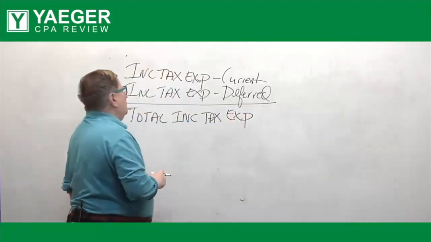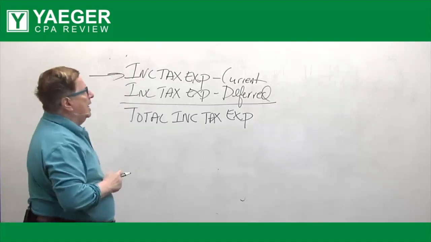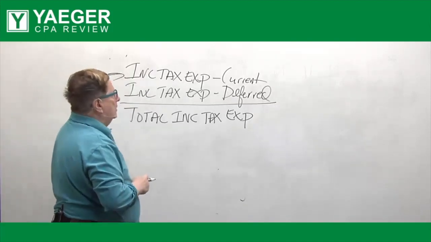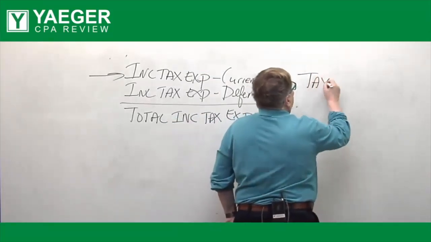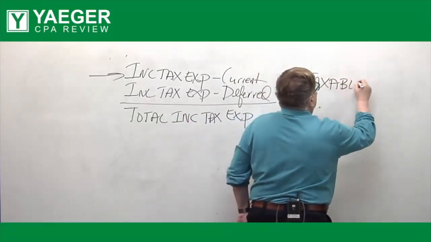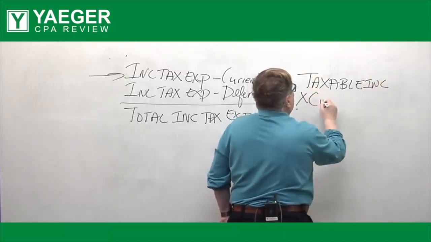Now, first of all, let's talk about the calculation of the first one. Income tax expense current is based on taking your taxable income times your current tax rate.